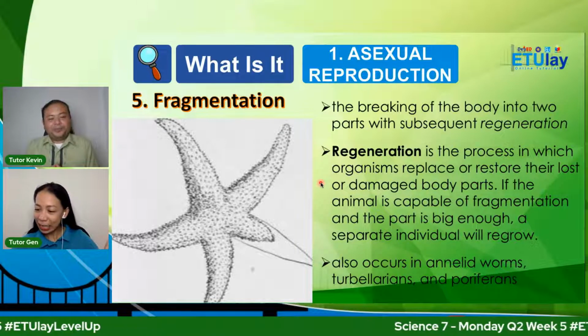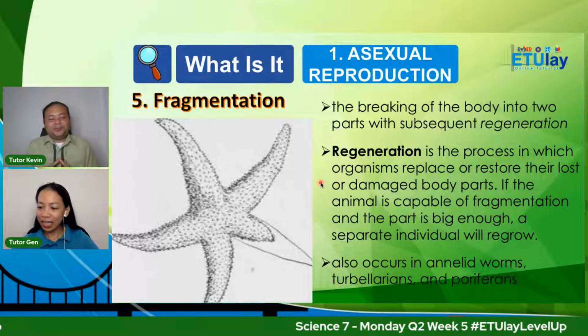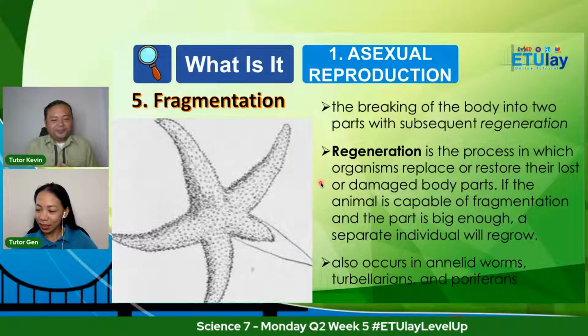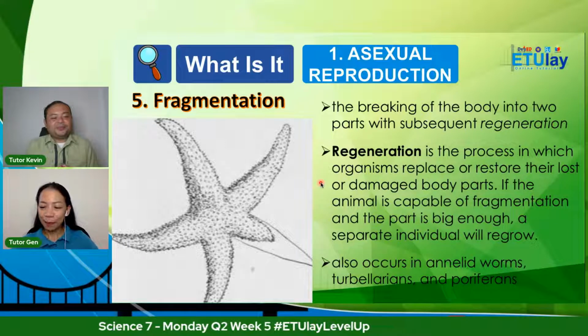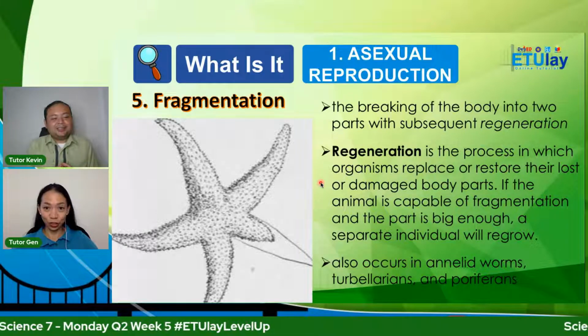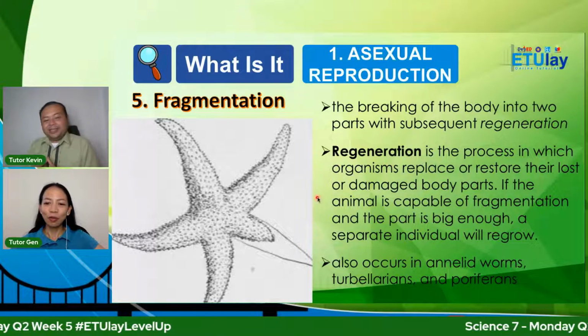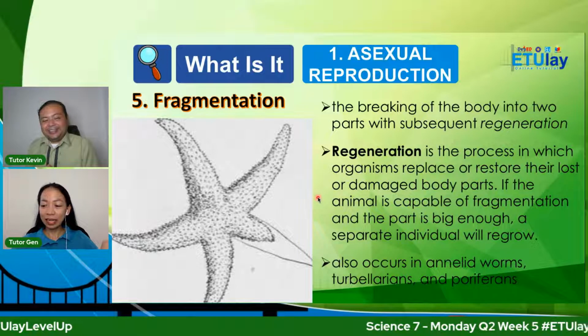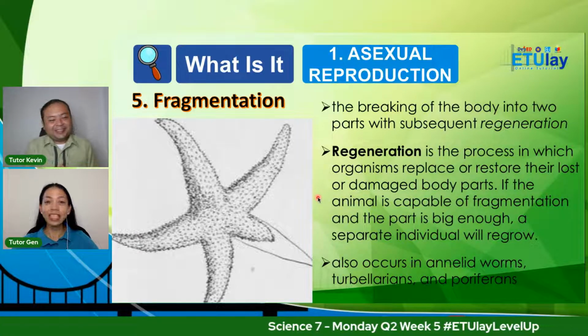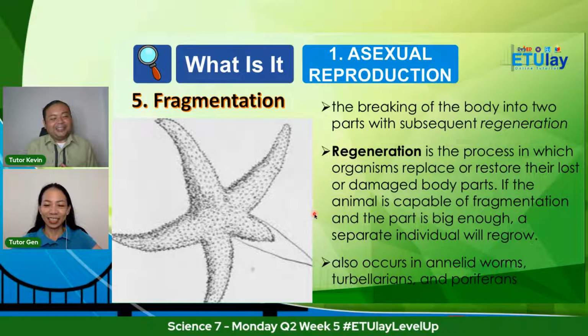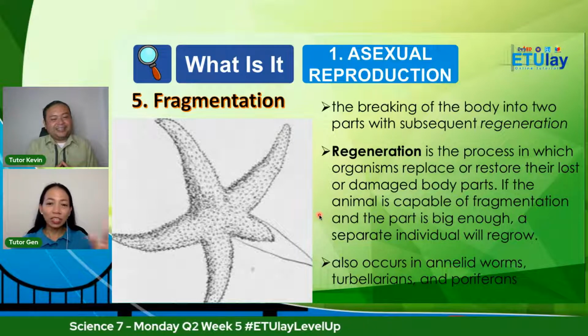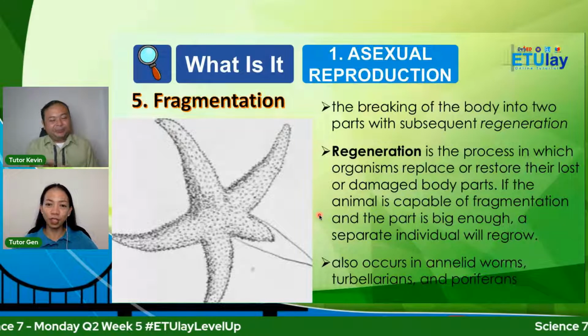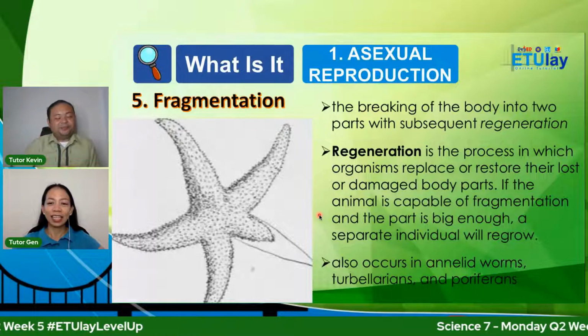May sagot na si Krishna, Anika, Tutor Kev, and si Samantha. Ang sabi nila, starfish. Tama ba? Ang dapat na gamitin natin ngayon is sea star, kasi para hindi siya ma-confuse na yung sa mga fish na tinatawag nating isda.